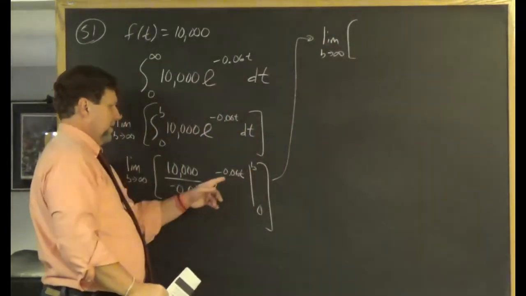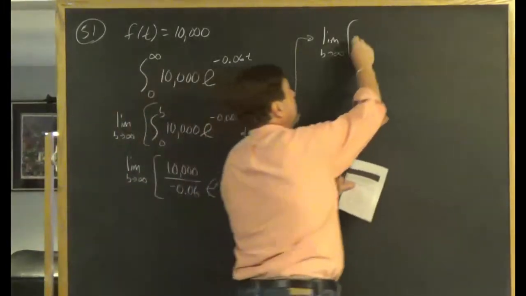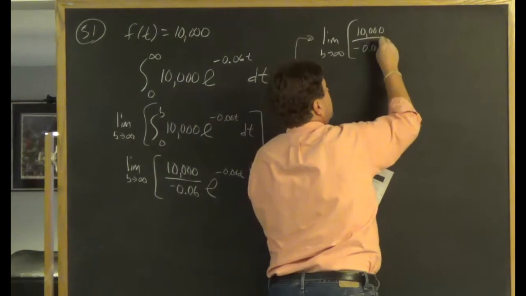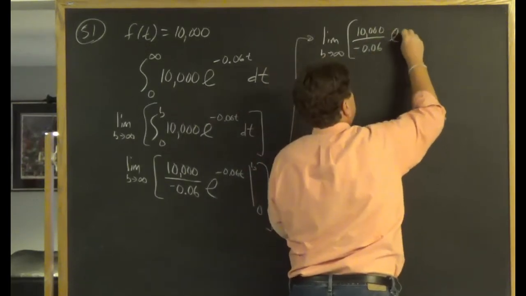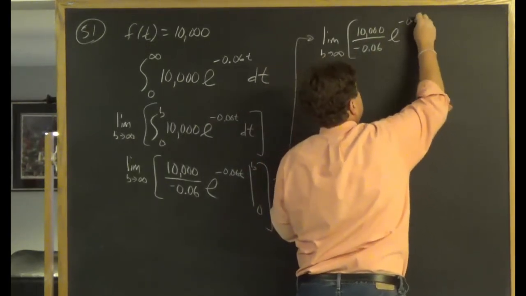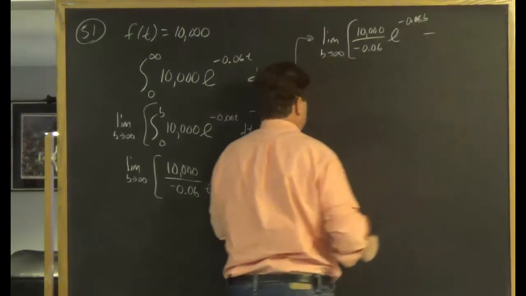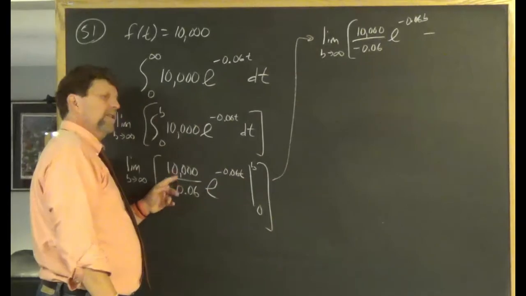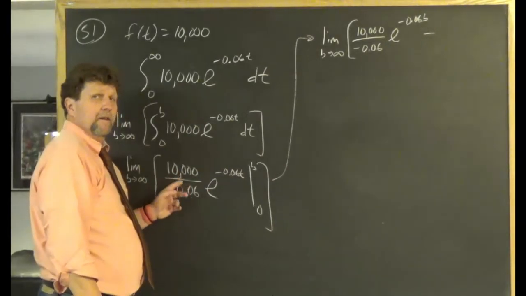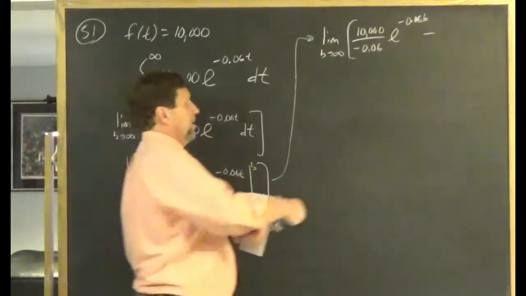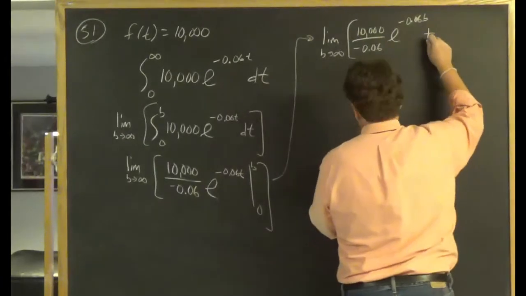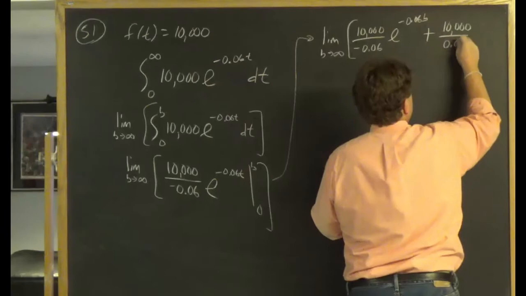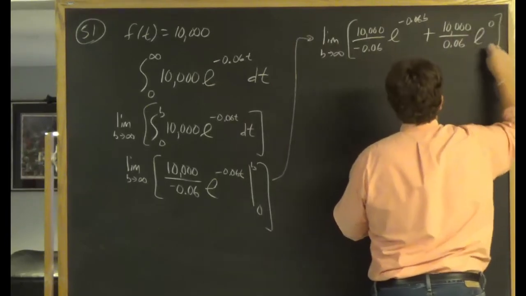So the b comes in first, so you have 10,000 over negative 0.06 e to the negative 0.06b, minus the 0 comes in. Again, this quotient's negative, so minus a negative, I'm going to rewrite that as plus 10,000 over 0.06 e to the 0.